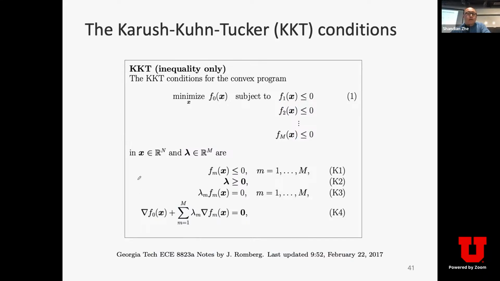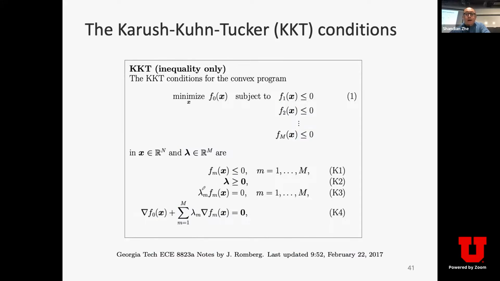Those are the KKT conditions. The first group is just to test if x satisfies those M constraints. That is, you just want to check if every constraint function over x is less than or equal to 0. And the second group of testing conditions is to test if lambda is non-negative, namely, every element of lambda is non-negative.